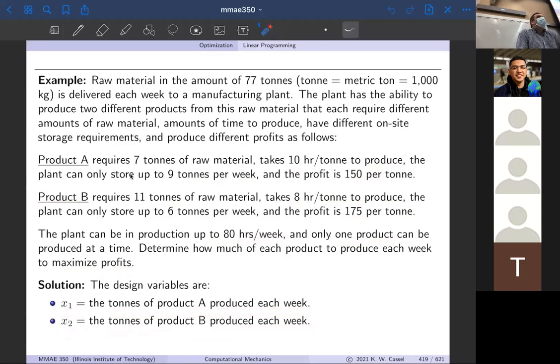When you read that word problem, you could easily imagine saying, well, let me have my design variables be the number of widgets A and the number of widgets B. Instead, we're going to say the number of tons of product A and the number of tons of product B. You can do it either way. You'll get the same answer in the end, but I've decided to do it this way, and we'll see how this works out. Okay, so 2 design variables, capital N is equal to 2.